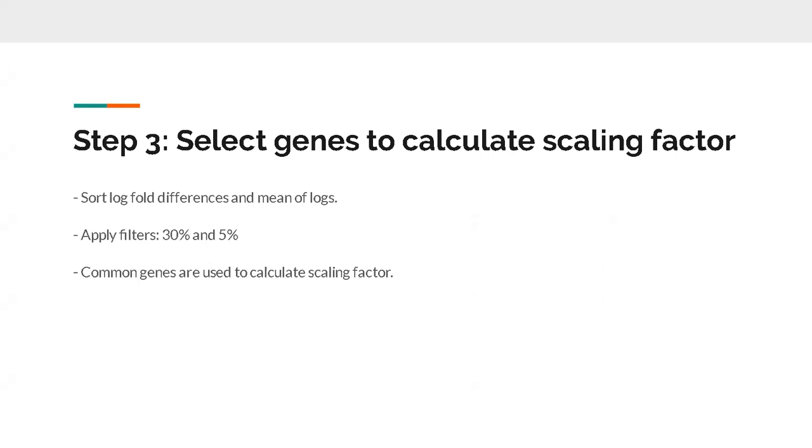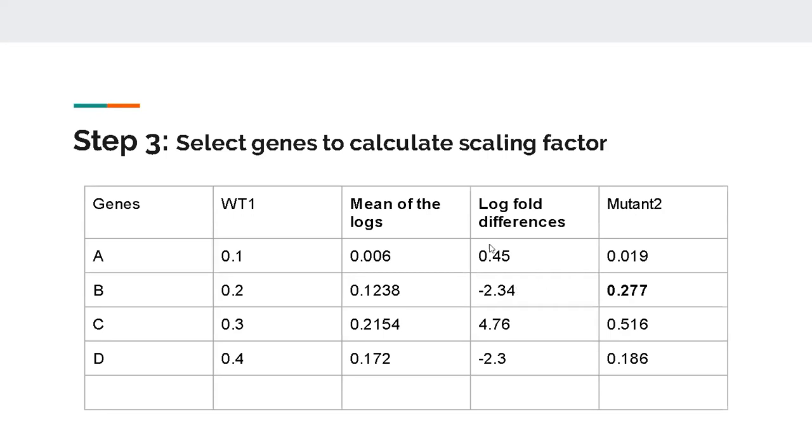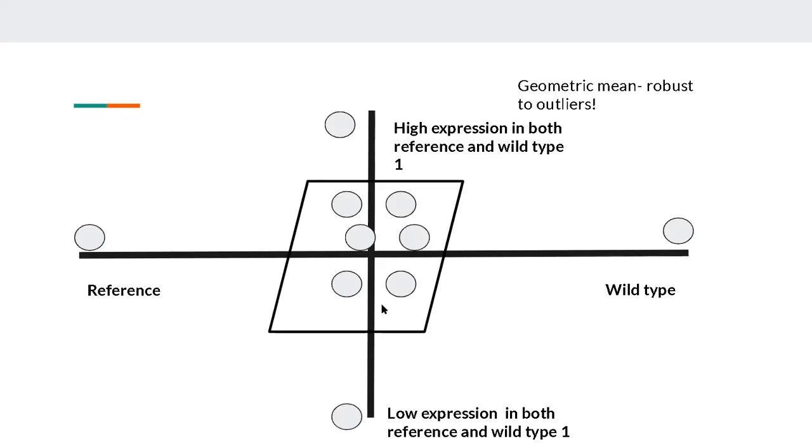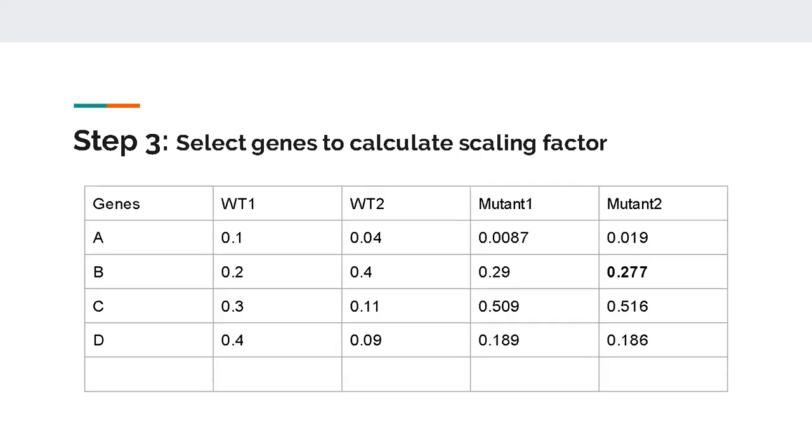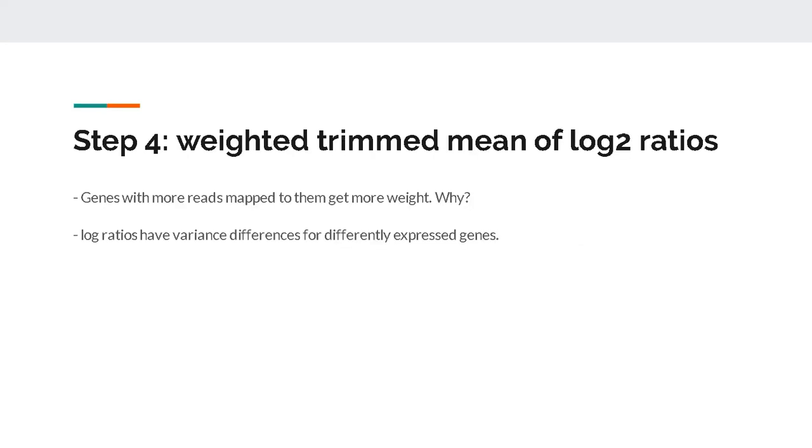Now remember, all you are doing at this point by trimming these genes is getting to this particular set of genes which will not be affected by your samples. That's all you're doing over here. Then after you have those genes, you will finally calculate the weighted trimmed mean of log ratios.